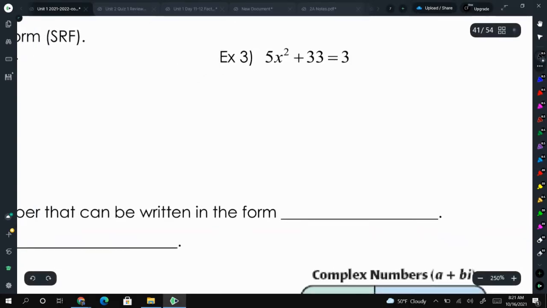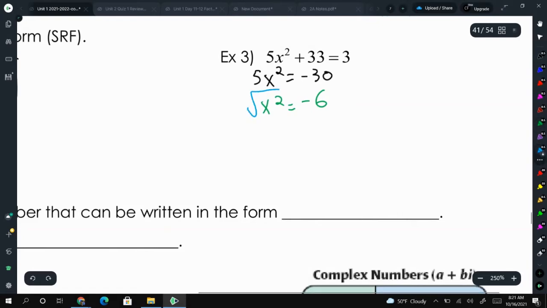Over here, we will subtract 33 from both sides, and you get 5x squared equals negative 30. Divide both sides by 5. x squared equals negative 6. When we square root both sides, we get x equals plus or minus the square root of negative 6.